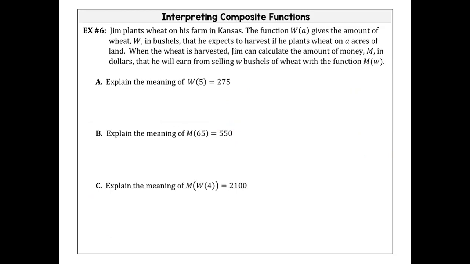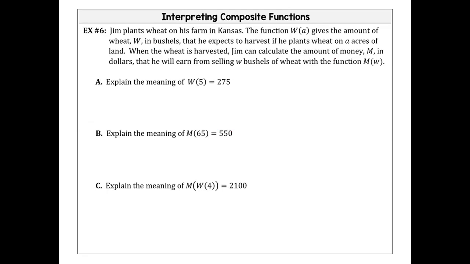Okay, lastly, applying compositions to a real world problem or an application of some sort. So it says here, Jim plants wheat on his farm in Kansas. The function W of A gives the amount of wheat W in bushels that he expects to harvest if he plants wheat on A acres of land.